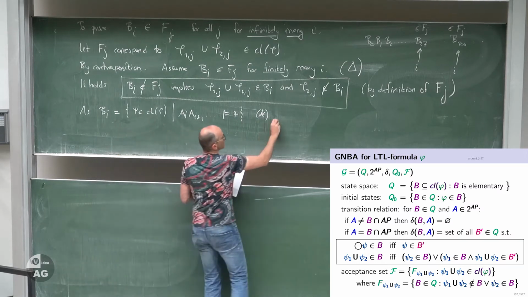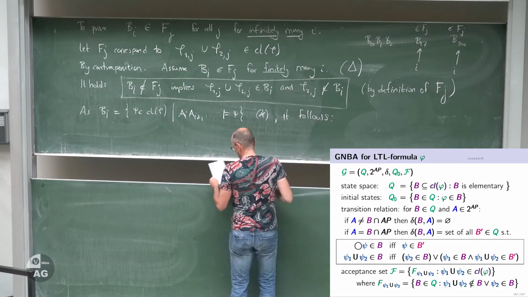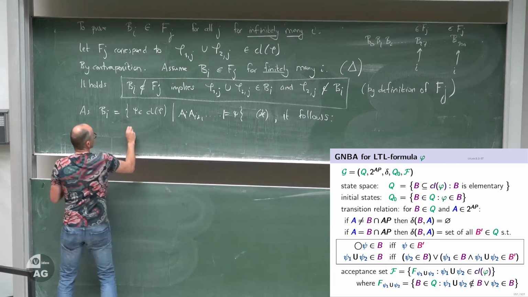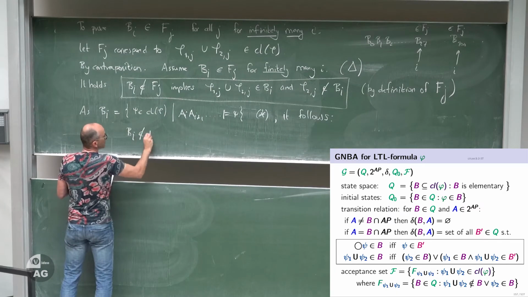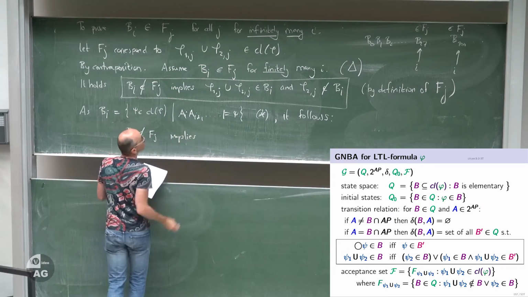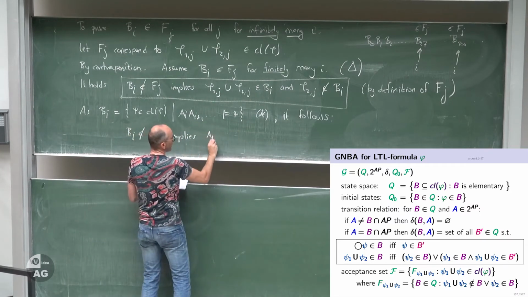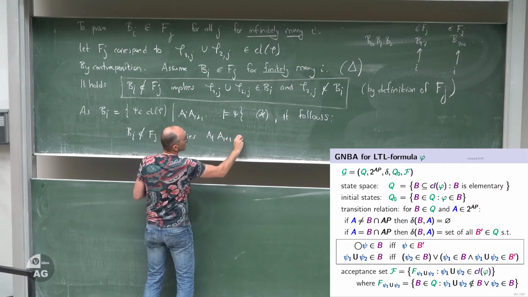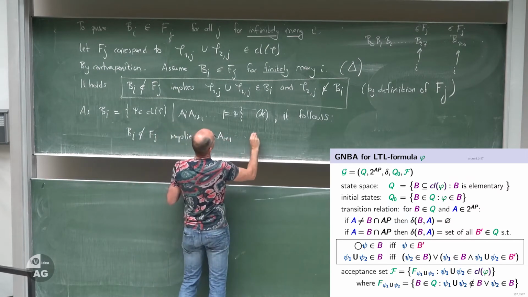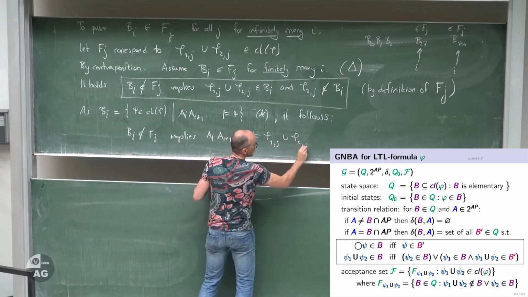It follows that bi does not belong to Fj implies, now I can write this down as follows: ai plus 1, etc. satisfies phi 1j until phi 2j.